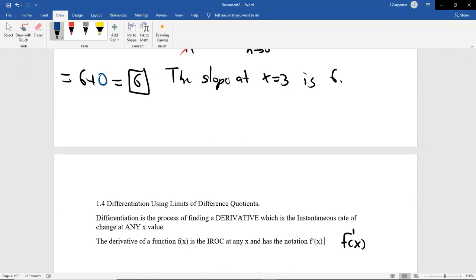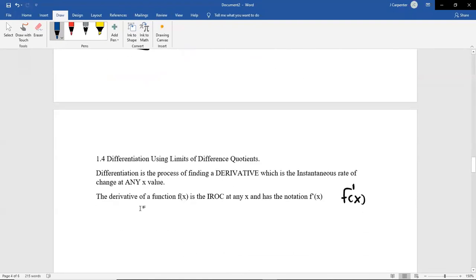Kind of looks like an exponent of 1 on the f. That is what we call prime notation. So that is read as f prime, or the derivative of f of x. F prime means the derivative of f of x.